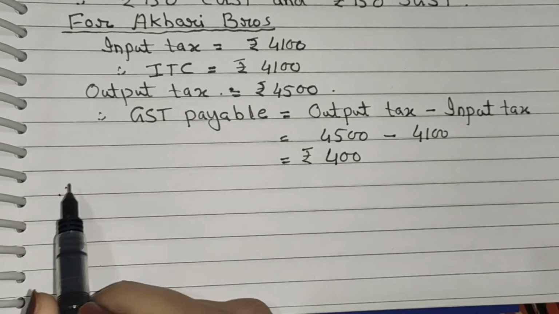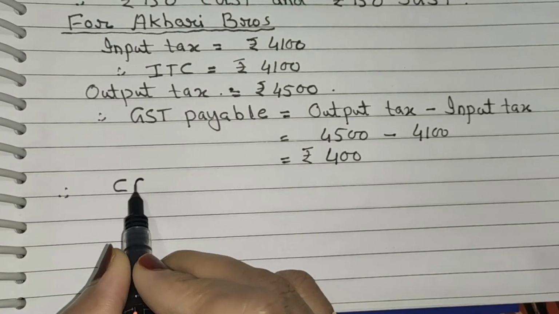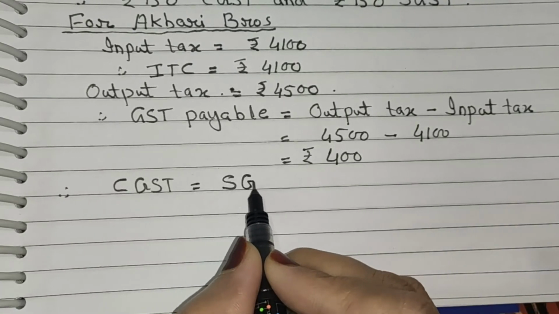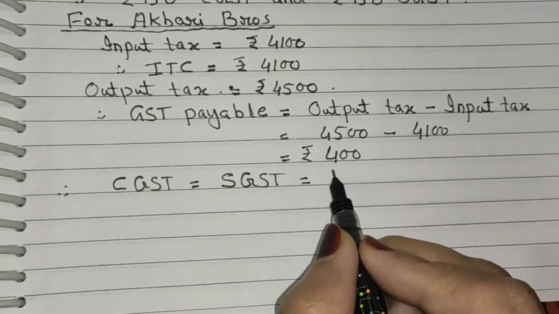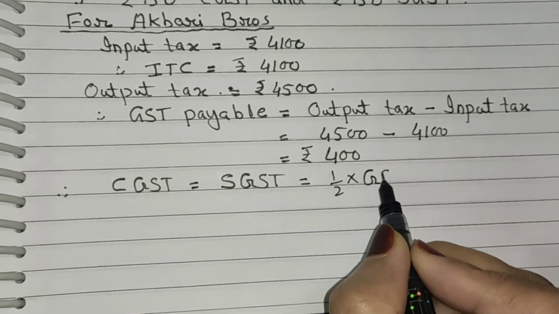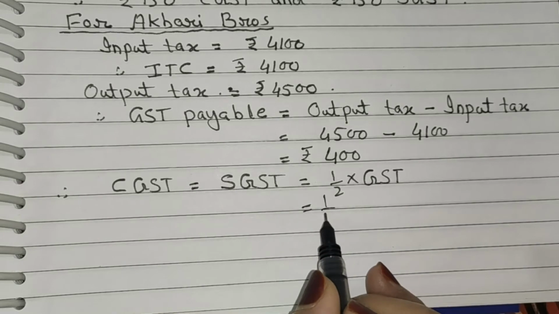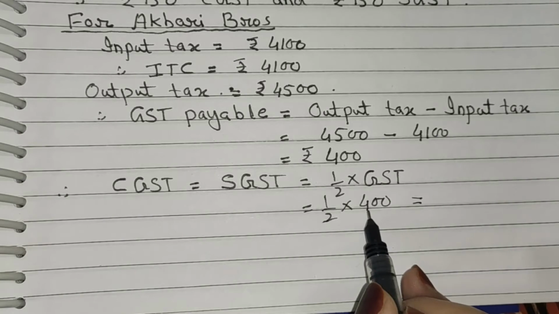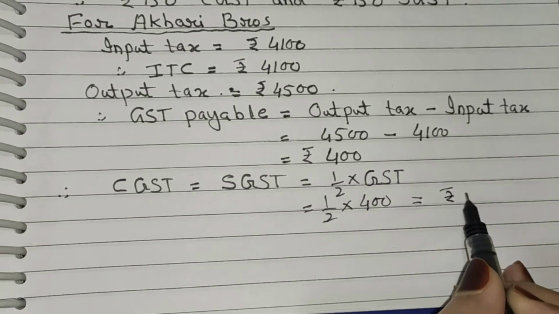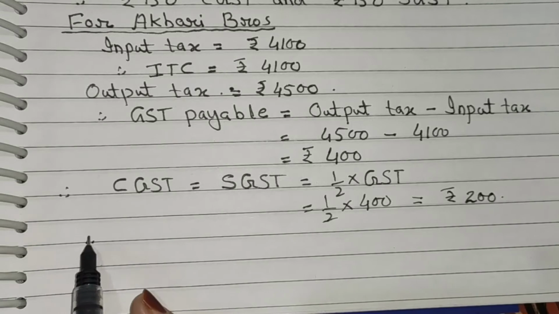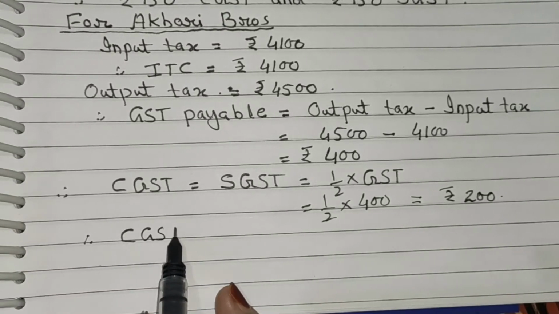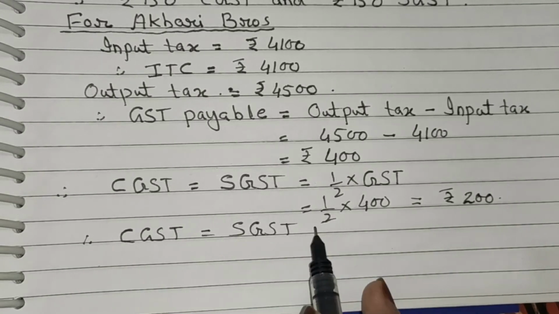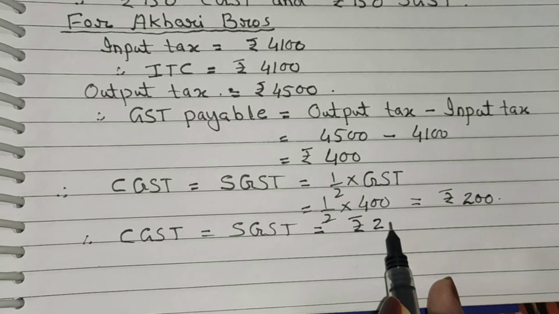Therefore, we know that the amount of CGST is equal to the amount of SGST is equal to half of GST. Now half of 400, 2 2s are 400, we get rupees 200. Therefore, CGST is equal to SGST, which is equal to rupees 200.